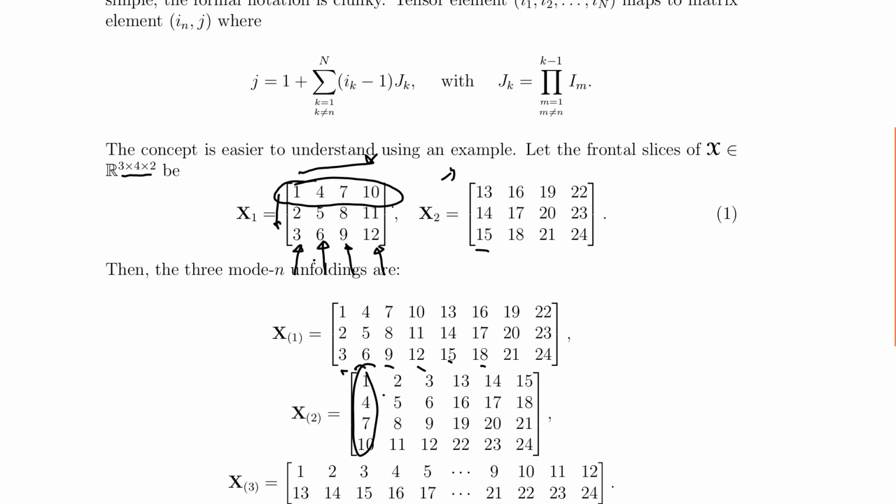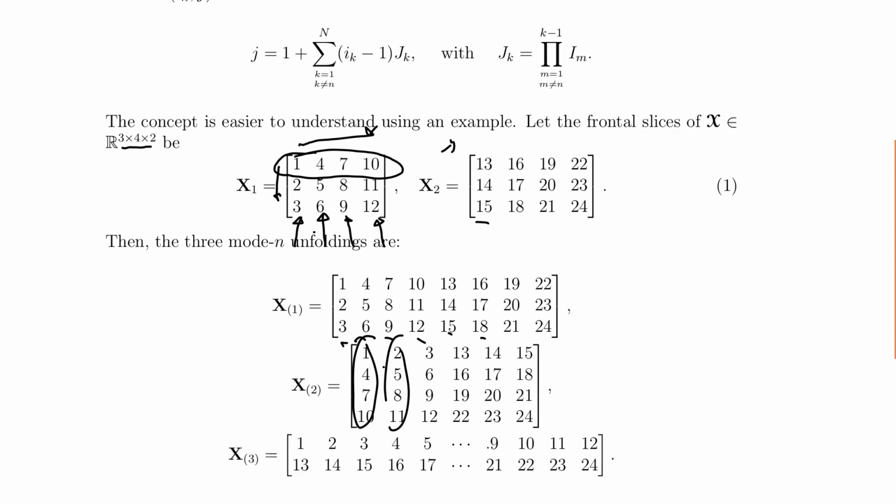And I have 2, 5, 8, 11, and so on and so forth. So I have 6 of them, and then I can have mode 3 fibers. In this case, the first fiber would be 1, 13, right? The second one will be 2, 14. So I have 1, 13, 2, 14, and the third one is 3, 15, and so on.